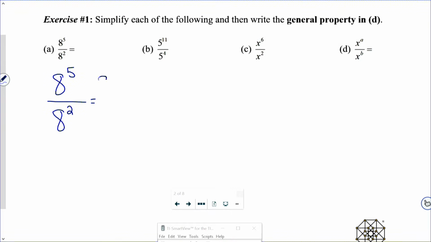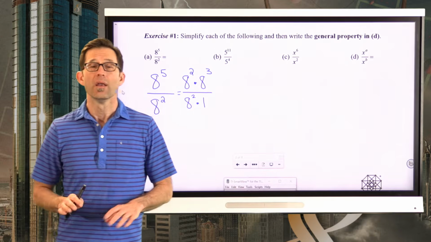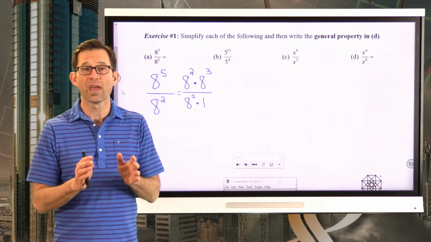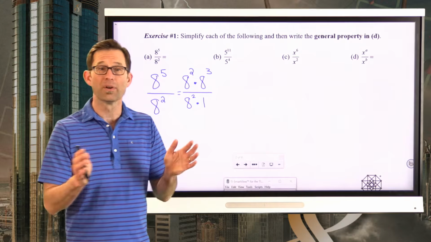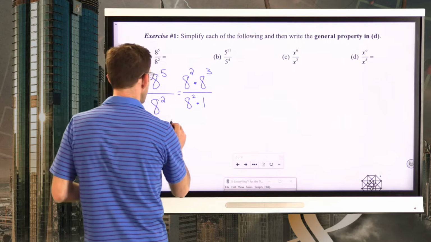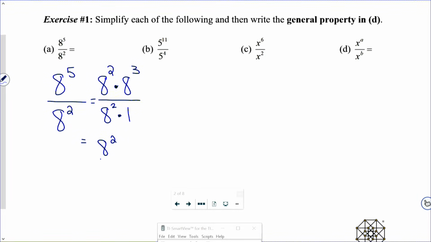In other words, I can write this numerator as 8 to the 2nd times 8 to the 3rd, all divided by 8 to the 2nd, times 1. I'll just write it like that, all right? Now remember, we can also take fractions and break them up into products, in which case, this is 8 to the 2nd divided by 8 to the 2nd times 8 to the 3rd divided by 1.